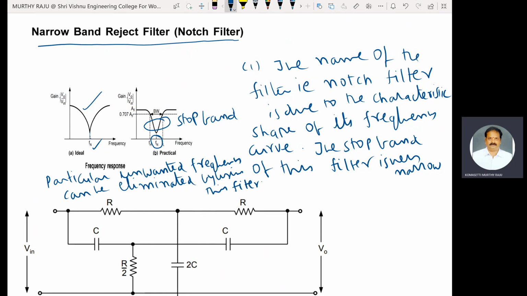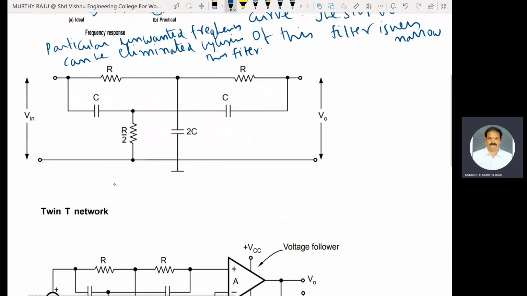The passive circuit used to obtain the notch filter is the twin-T network. Only passive elements are there. Twin-T network means two T networks are connected in parallel.